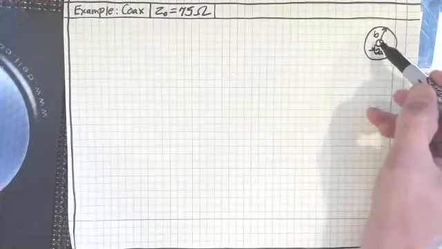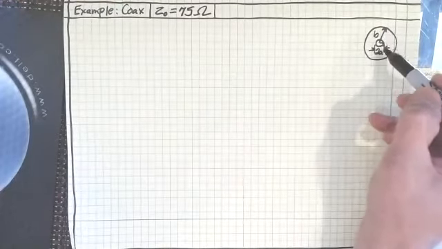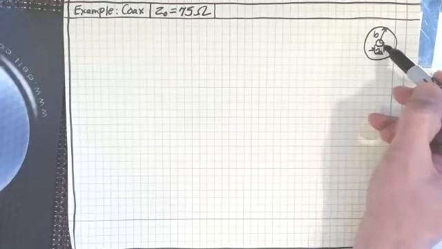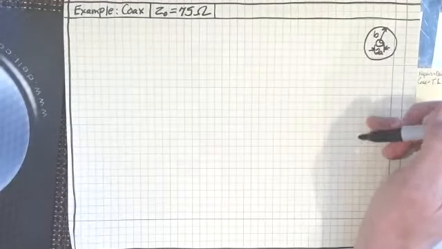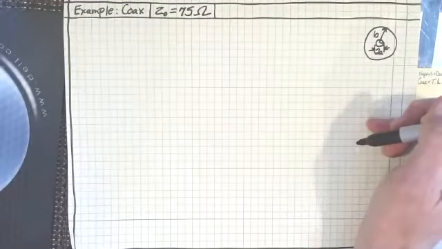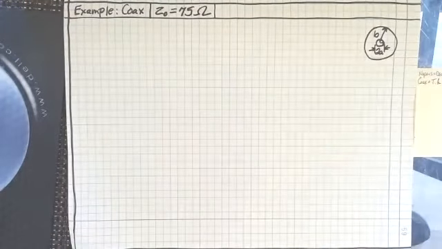So the radius of the ground shield is B, and the radius of the center conductor is A. You can look at that however you want to.